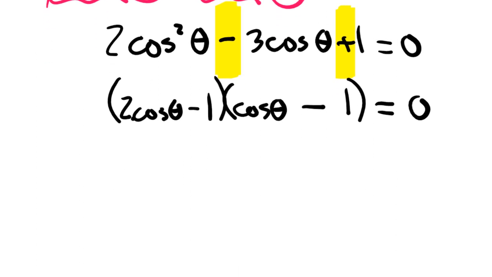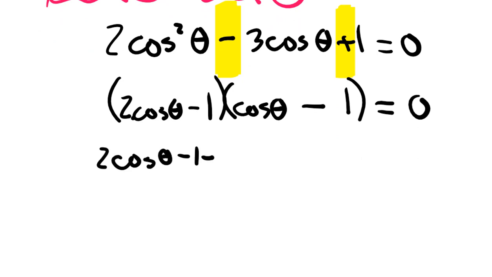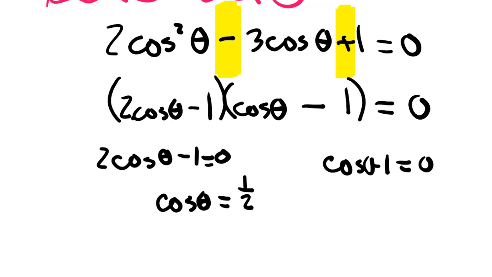Then you take each factor and set it equal to 0: 2 cosine theta minus 1 equals 0, and then cosine theta equals 1/2. On the other side, we get cosine theta minus 1 equals 0. Don't forget the theta. And then you get cosine theta equals positive 1.